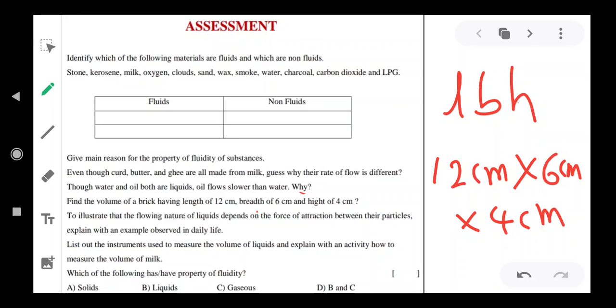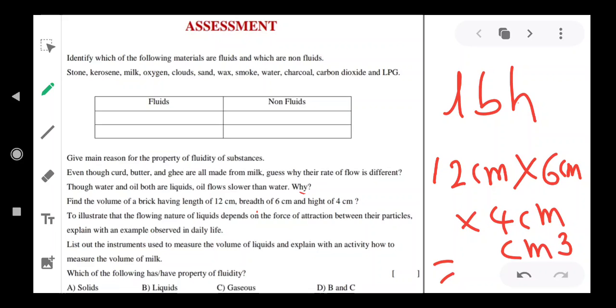So simply you have to multiply 12 into 6 into 4, then you get the answer. That is also in centimeter cube, because length, breadth and depth are all in centimeters. So this answer will come in centimeter cube.